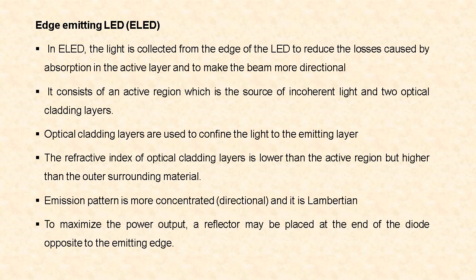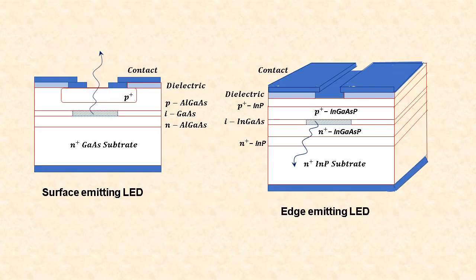Here, to maximize the power output, a reflector may be placed at the end of the LED opposite to the emitting edge. The figure shows the surface and edge emitting LEDs with double heterostructure. For surface emission, the top layers are made thin and they have low absorption for the emitted radiation.